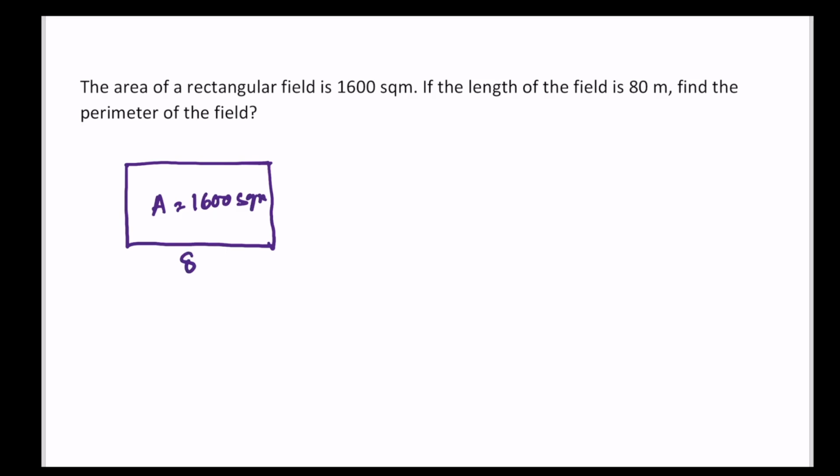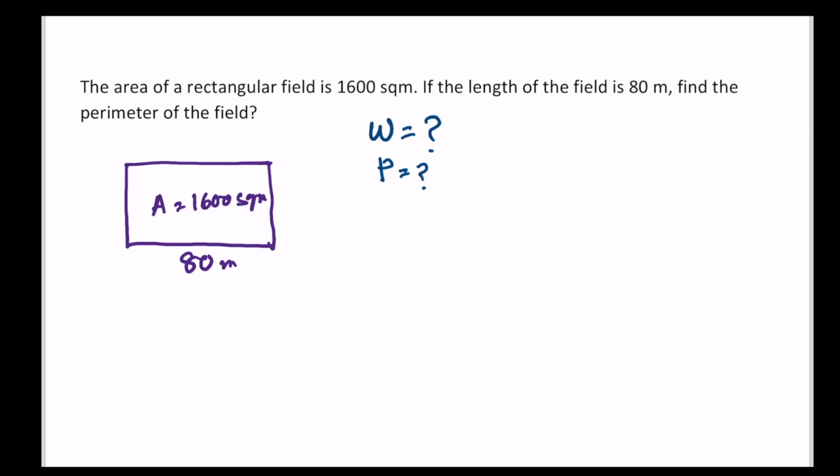They give you the length, which is 80 meters. So what do we need to find in this question to find the perimeter? We need the width and then next we need to find the perimeter.